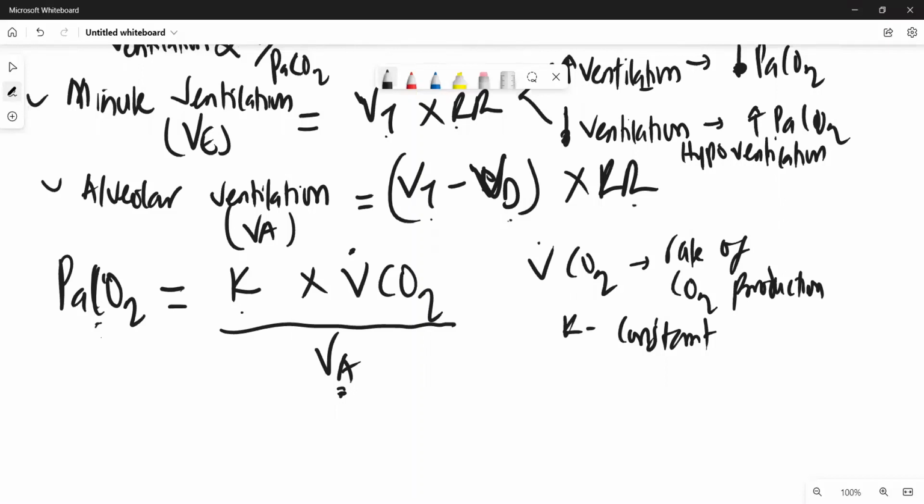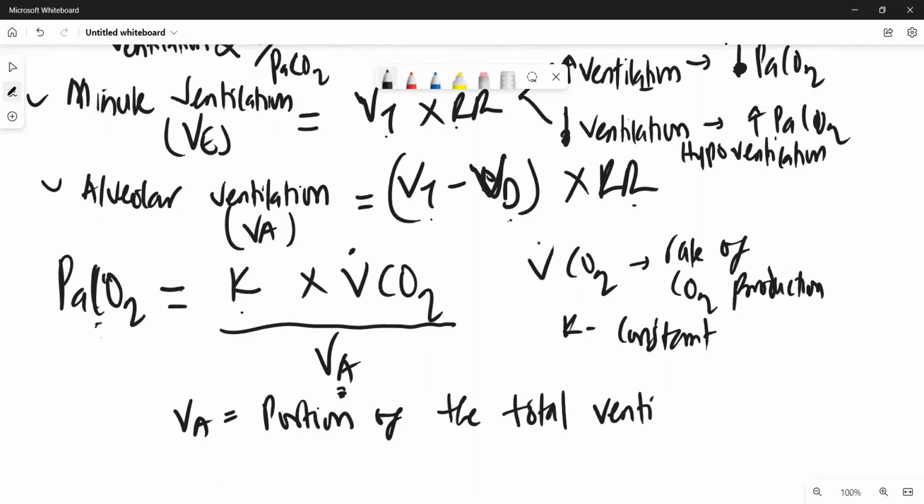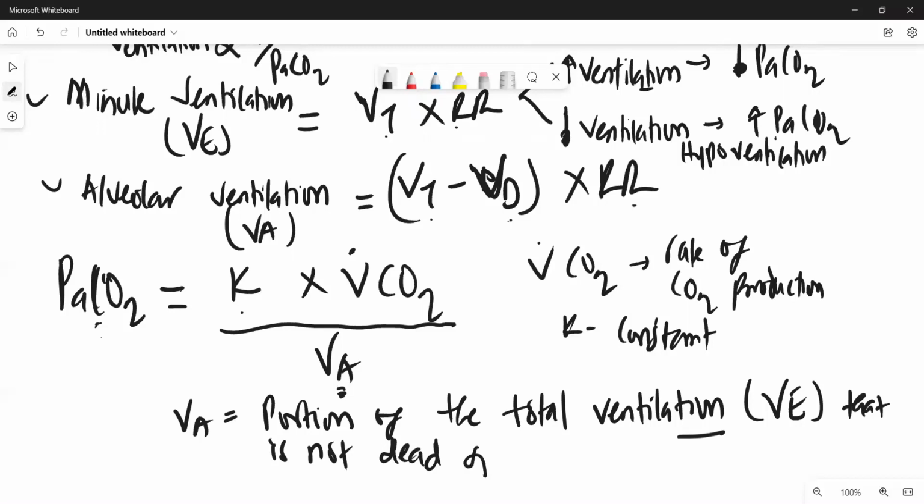So we know that the alveolar ventilation, which is VA, is a portion of the total ventilation, which is VE, our total ventilation or minute ventilation, that is not dead space ventilation.